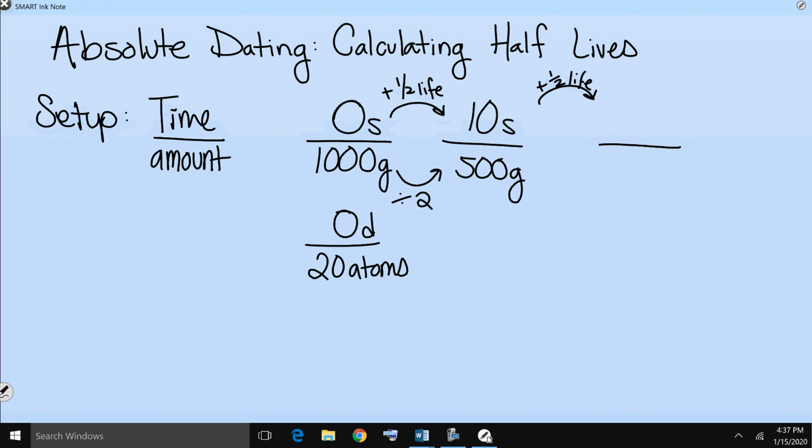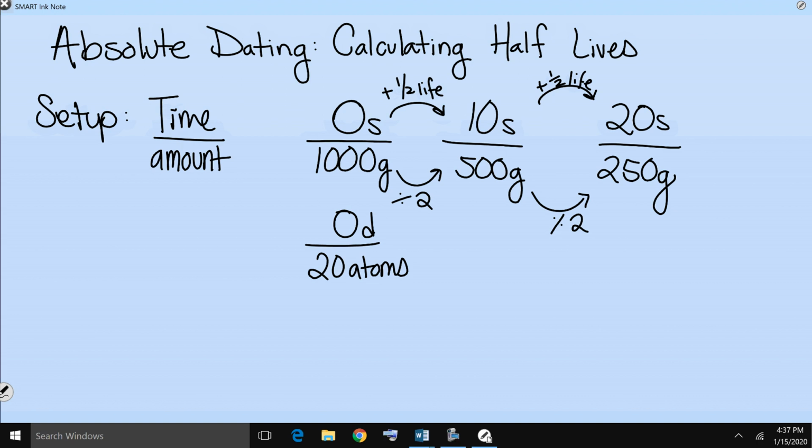Again, if our half-life is 10 seconds, one half-life is 10 seconds, 2 half-lives is 20 seconds. And the bottom, again, is going to divide by 2. Here we would now have 250 grams.